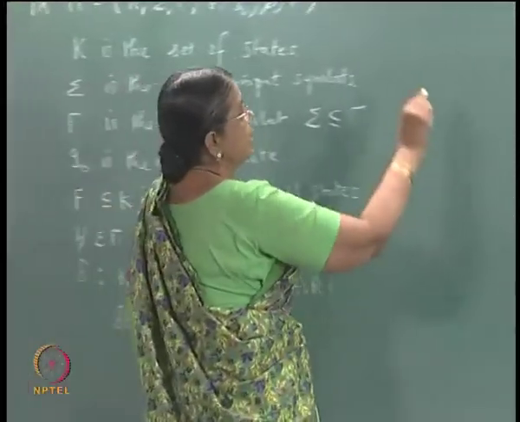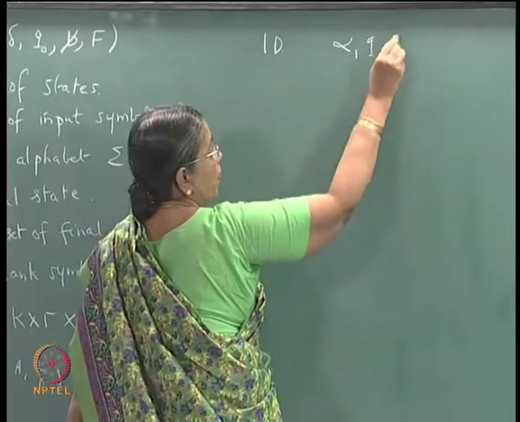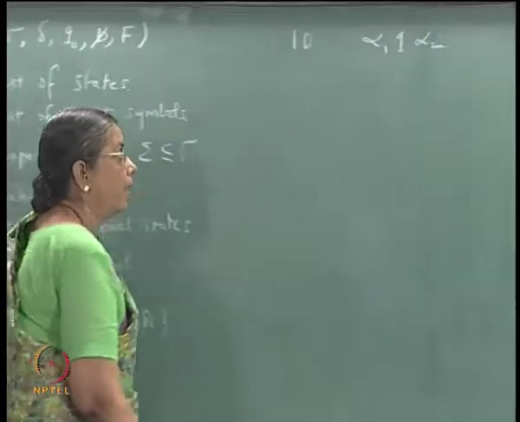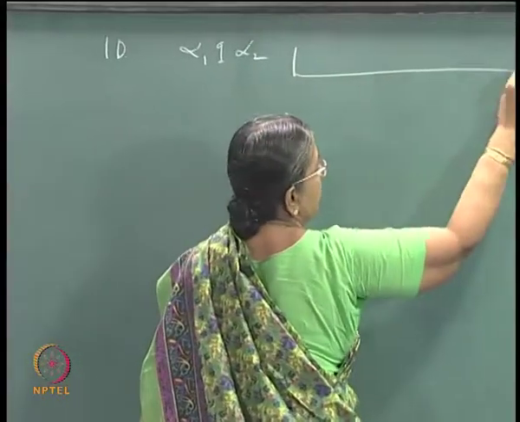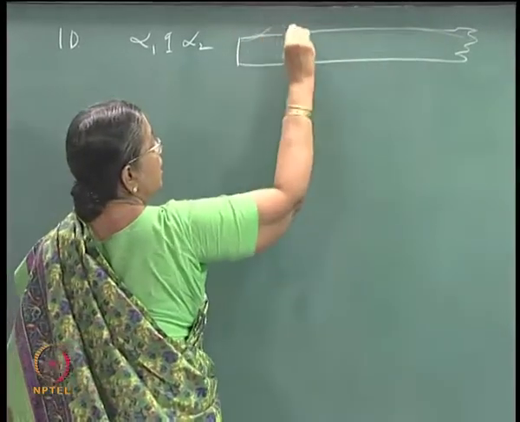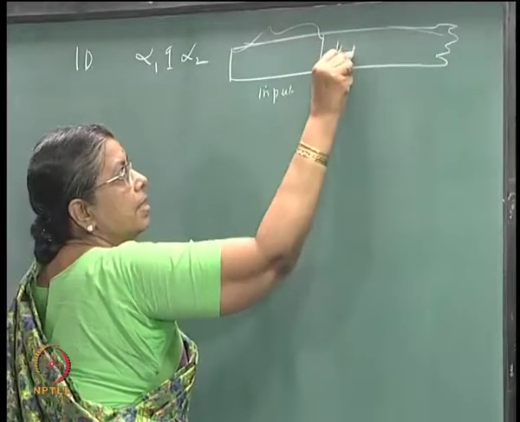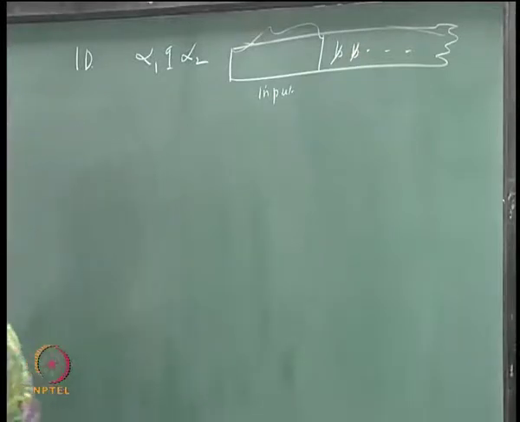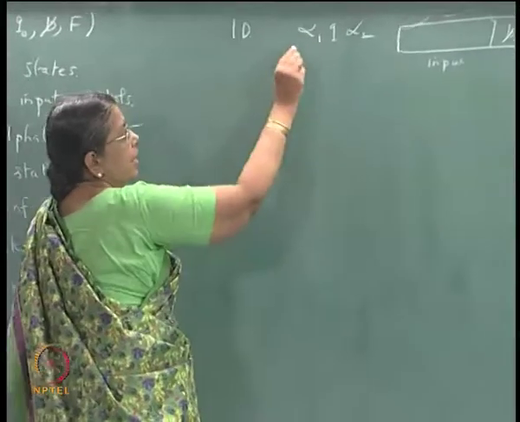An ID, or the instantaneous description, is a string of the form alpha 1 q alpha 2. When you consider it as an acceptance device, the left end is fixed and the right end is infinite. The input is initially given here, padded up with blanks. For accepting, the Turing machine can write over the blank cells and use as many cells as it wants. So, the ID is described as a string.